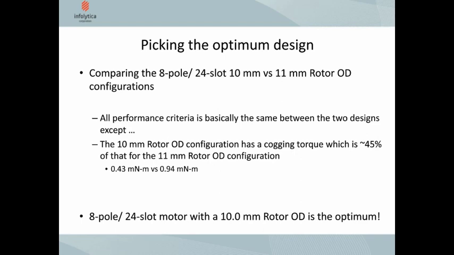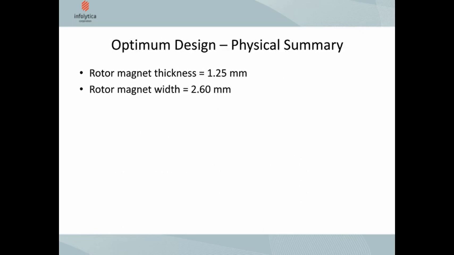So now we need to know what that really means. From a physical perspective, the way that it maps out in the geometry is that the magnet thickness is 1.25 millimeters. The magnet width is 2.6 millimeters. With regard to my stator, the slot depth is 5.55 millimeters. The slot opening is 1/4 millimeter.